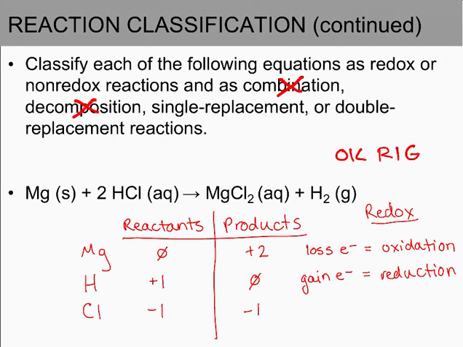And then a single replacement reaction has a pure element and a compound in its reactants. And that is the case here. So this would be a single replacement reaction. And then remember that a double replacement reaction would have two compounds or two molecules in the reactants, and that's not the case here. We have a pure element and a molecule.